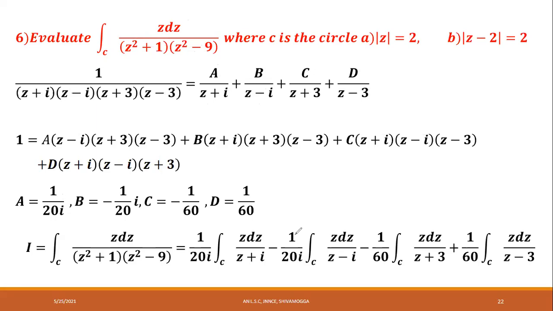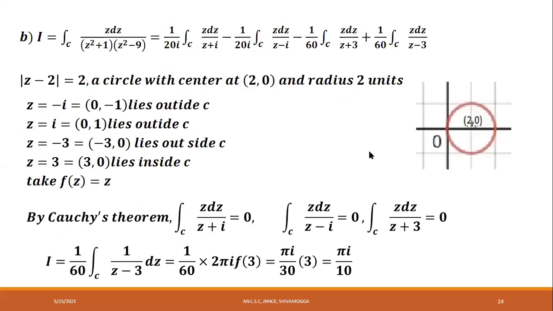They are substituted here: 1 by 20i into the integral of z dz divided by z plus i, minus 1 by 20 into the integral over C of z dz divided by z minus i, minus 1 by 60 into the integral of z dz divided by z plus 3, plus 1 by 60 into the integral over C of z dz divided by z minus 3. Let this be equation number 1.